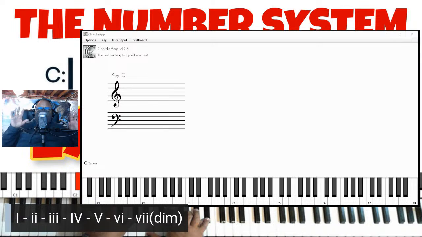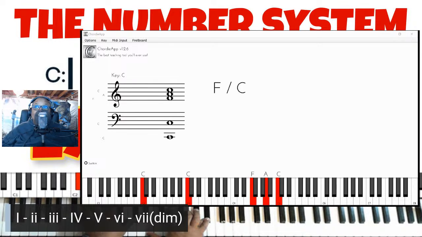Now stop for a second. What if I was in the key of F? Which chord is considered the 1 chord in the key of F? It's not that hard, right? Of course, in the key of F, 1 is going to be F. I'm sorry, I forgot I didn't move my left hand. There you go, F major.